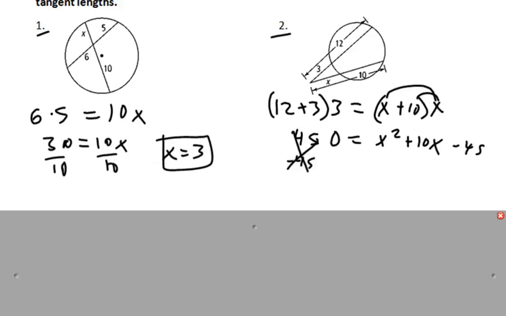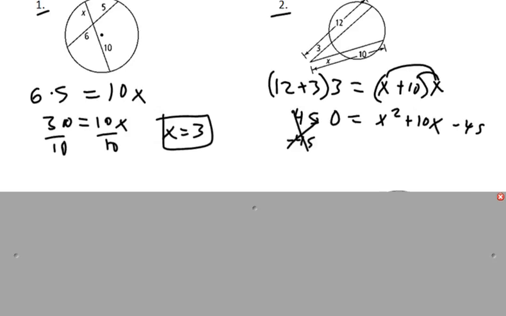Let's see, what two numbers multiply to equal negative 45 and add to equal 10? 9 and 5, 15 and 3. Unfortunately, I don't think there's a whole number that would work. So this is going to get sloppy. You can use the quadratic formula.